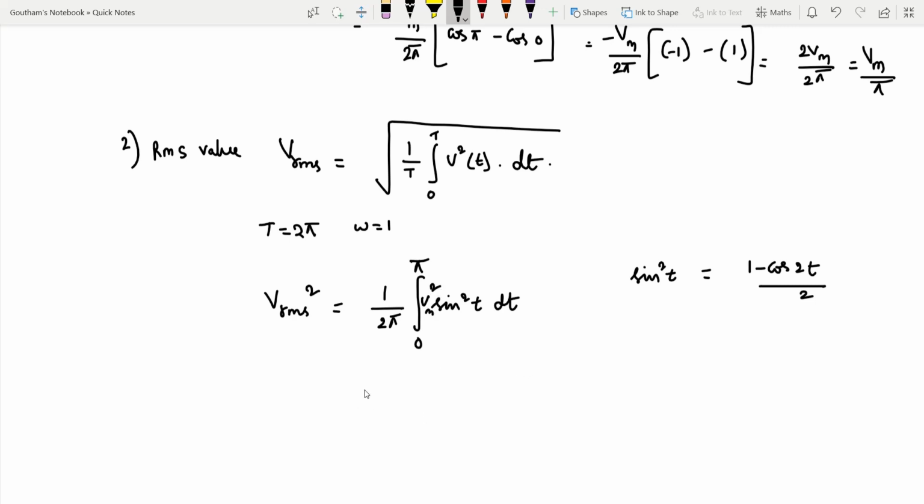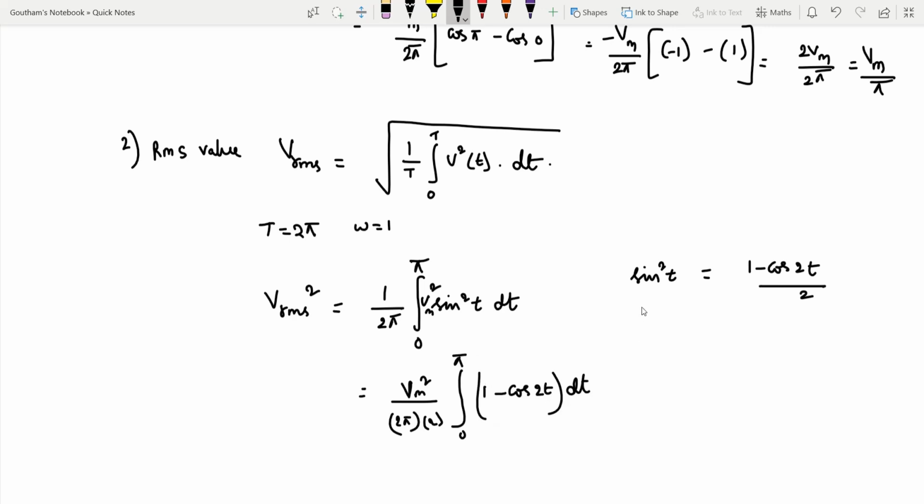Okay, so now let us go ahead. I can write this as 1 by 2 pi into 2, the numerator can be Vm square integral 0 to pi 1 minus cos 2t dt.